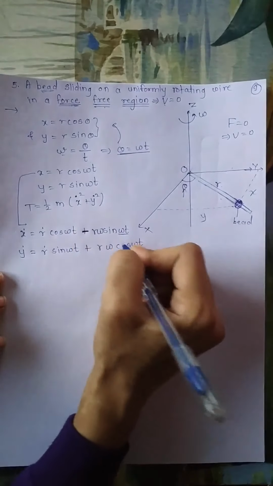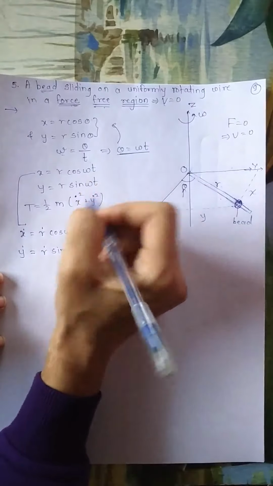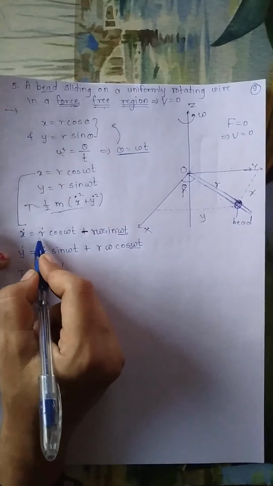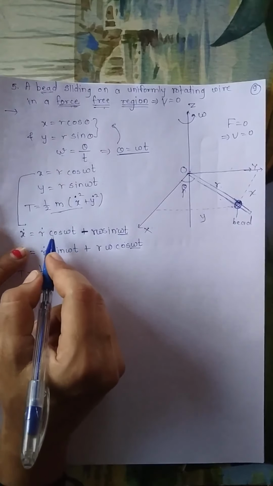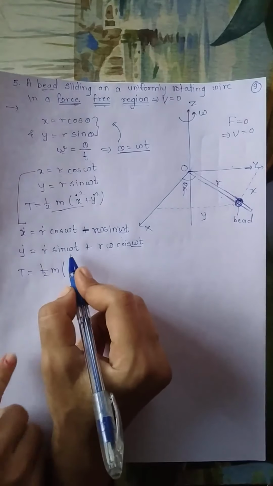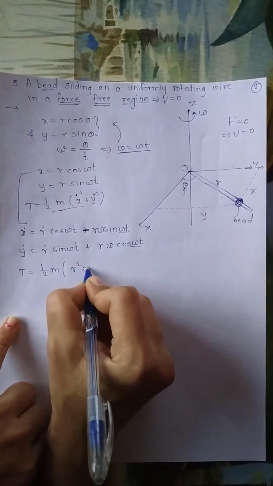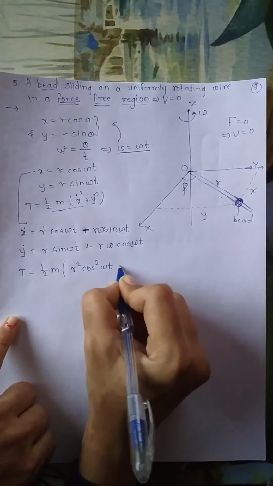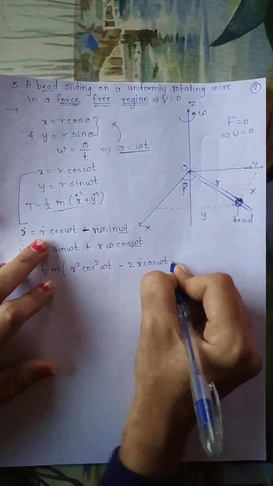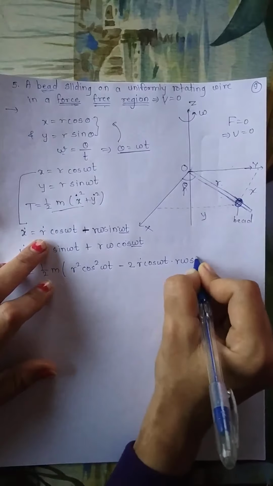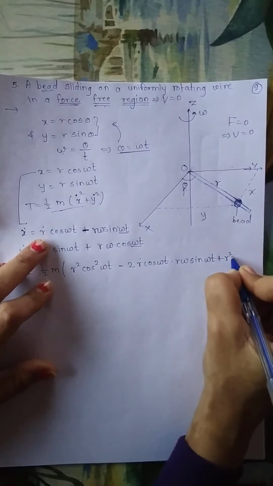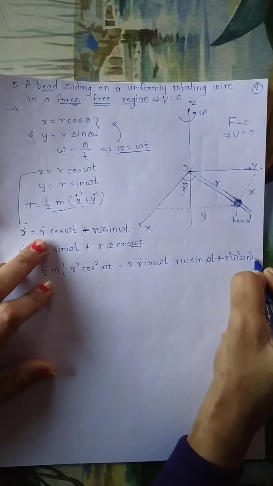Now let's quickly substitute these values in the kinetic energy. We will get T equals half m times the square. If we square these terms, x dot square will be r dot square cos square omega t minus 2 r dot cos omega t into r omega sin omega t plus r square omega square sin square omega t.